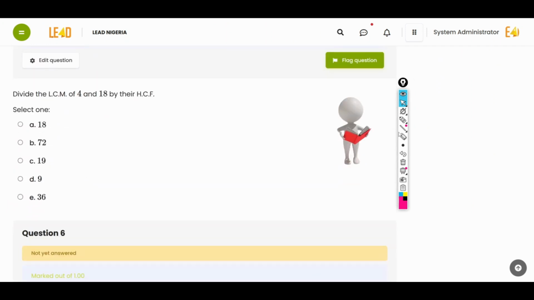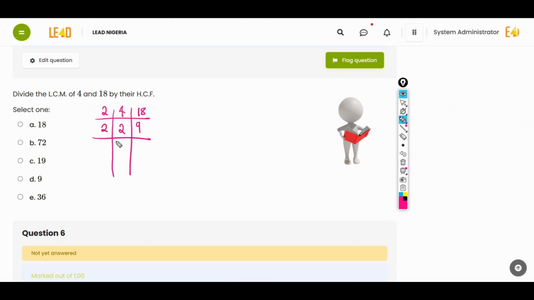Question 5 says, divide the LCM of 4 and 18 by their HCF. I'll find the LCM of 4 and 18 and then find their HCF and then divide. So let's go. The LCM of 4 and 18: I can use 2. I would have 2 and 9.